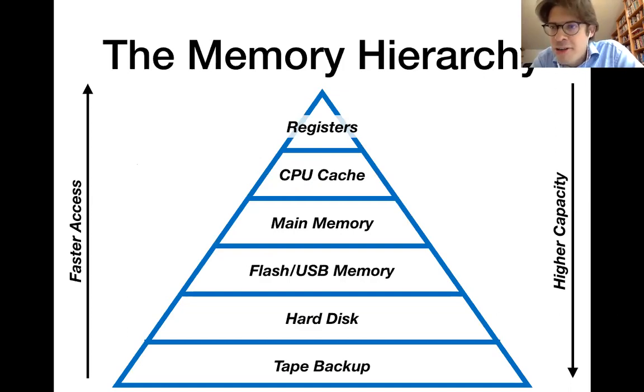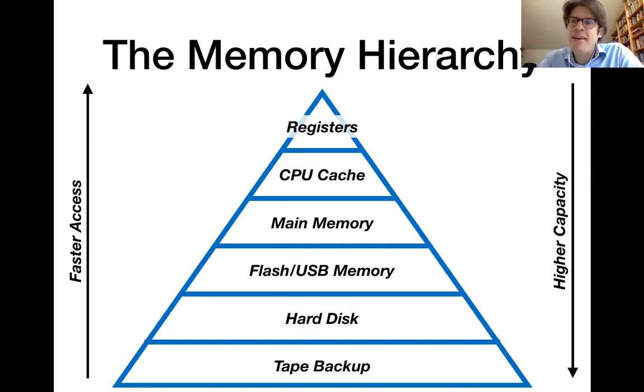Now, data on your computer is generally stored in different locations, and typically those possible locations are represented as this memory hierarchy that you see here. It's often represented in this pyramid shape to illustrate that the capacity of the storage layers decreases once you go up that pyramid.